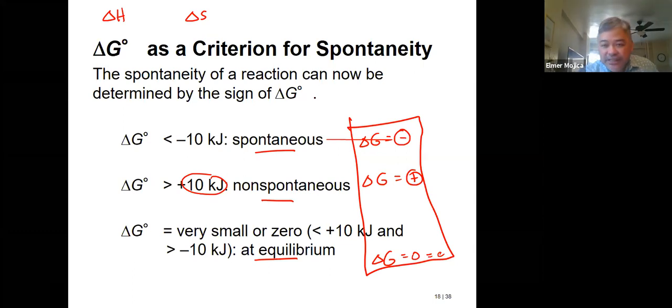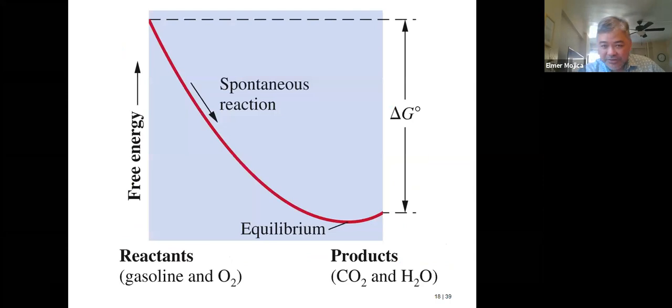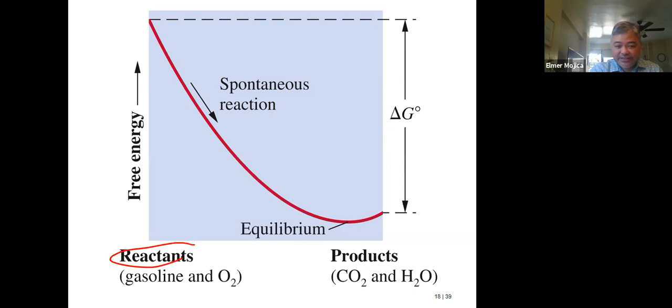So what does it mean when you have this so-called spontaneous reaction? Remember what happens in a spontaneous reaction? It happens on its own. And if you look at the reaction in terms of free energy, this is what you have: the free energy of the reactants compared to the free energy of the products.